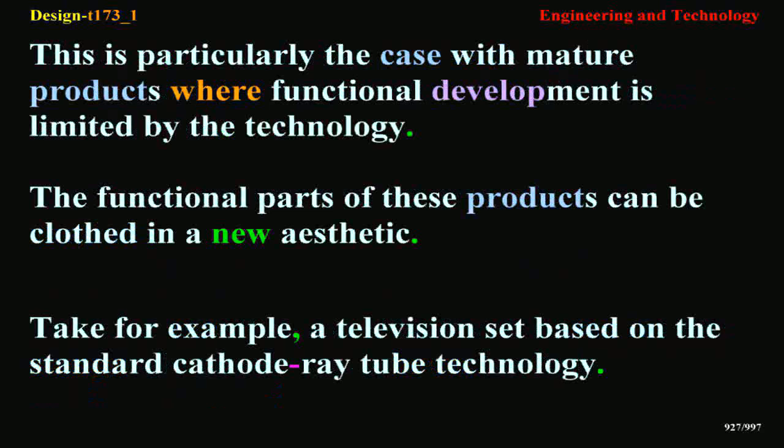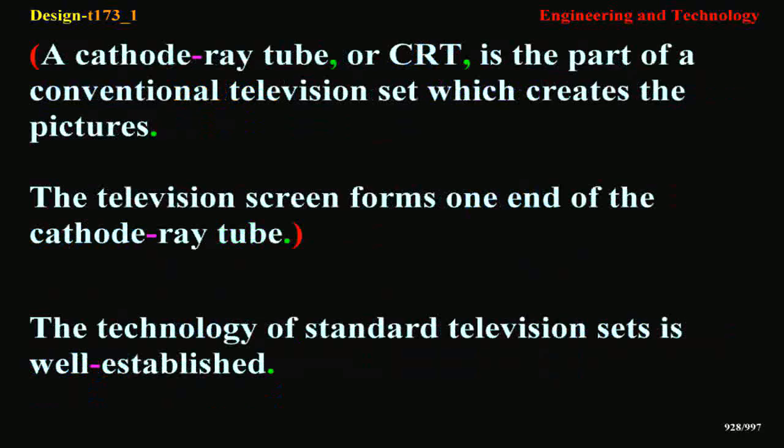Take, for example, a television set based on a standard cathode ray tube technology. A cathode ray tube, or CRT, is the part of a conventional television set which creates the pictures. The television screen forms one end of the cathode ray tube. The technology of standard television sets is well established.